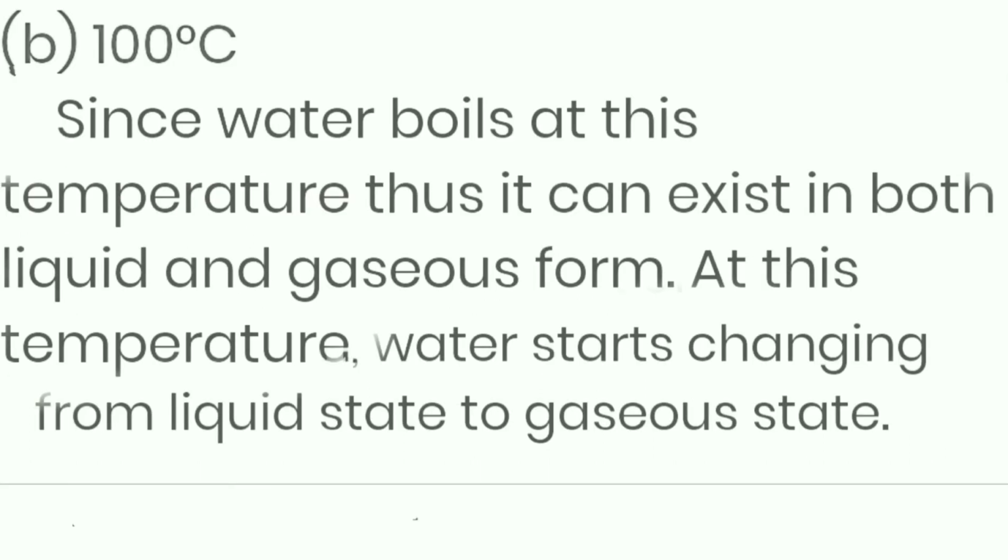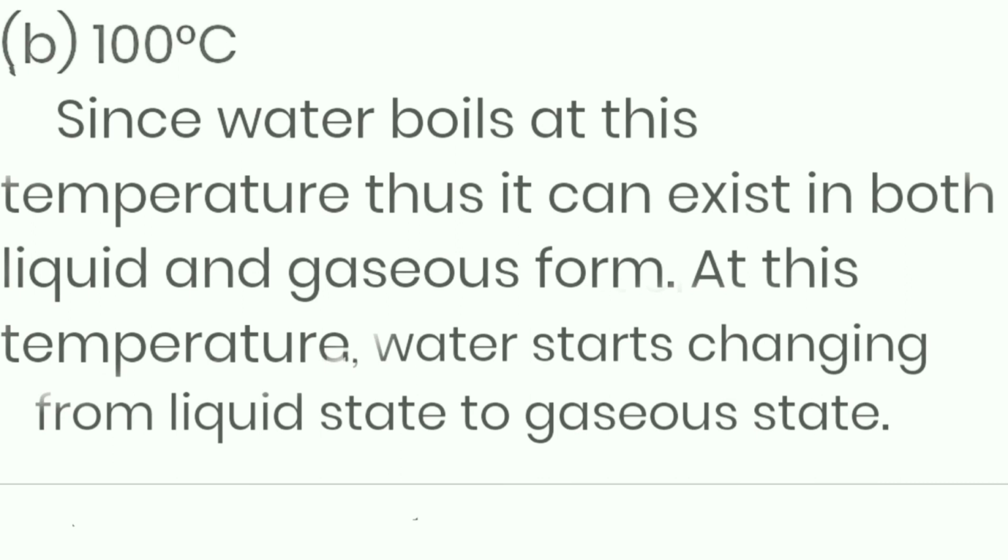B part, physical state of water at 100 degrees Celsius. Since we know the boiling point of water is 100 degrees Celsius, so water boils at this temperature. Thus, it can exist in both liquid and gaseous form.